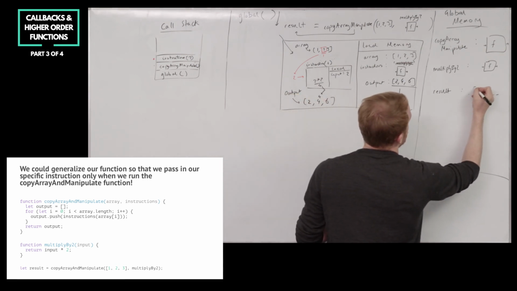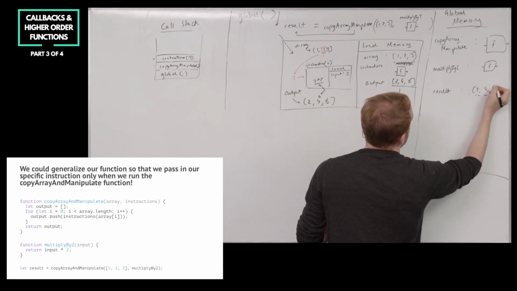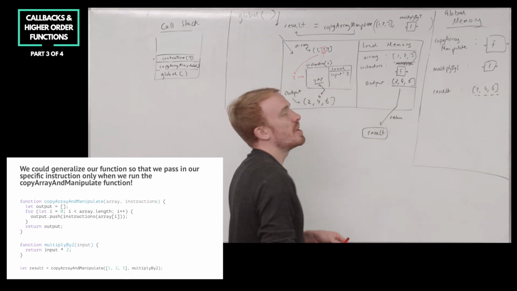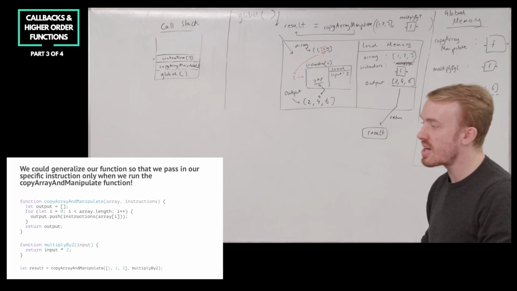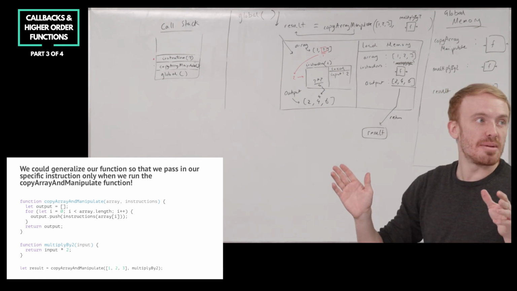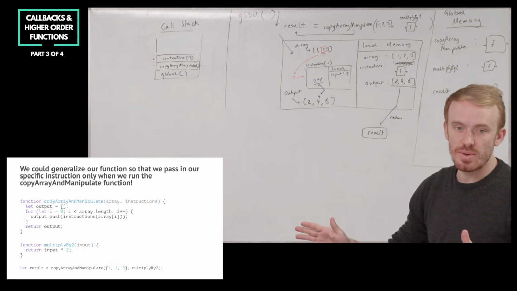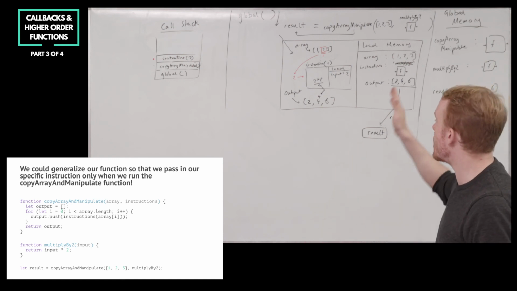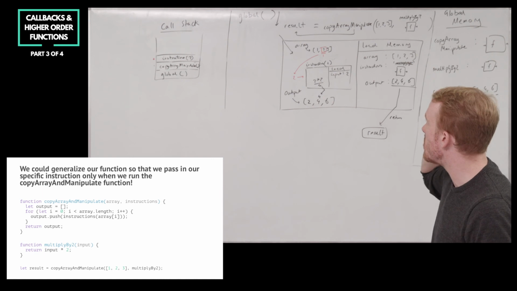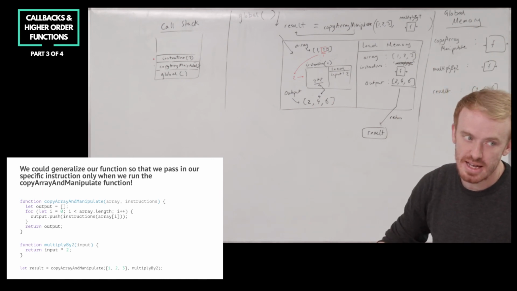There it is, 2, 4, 6. And we have achieved the exact same thing we did with our copy array and multiply by 2, but we created a brand new function called copy array and manipulate.